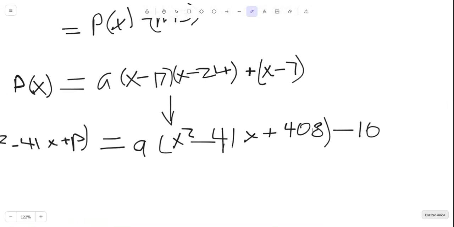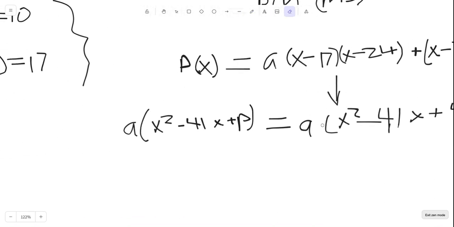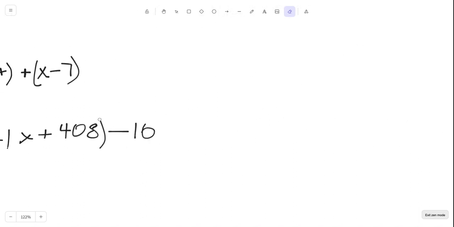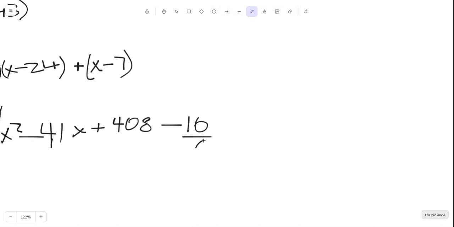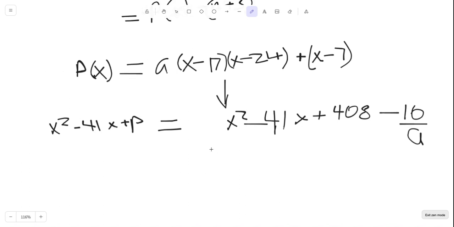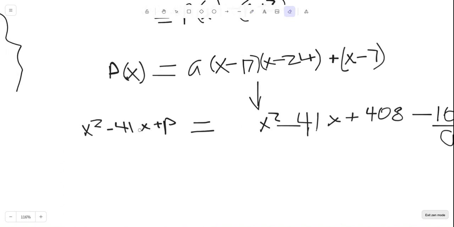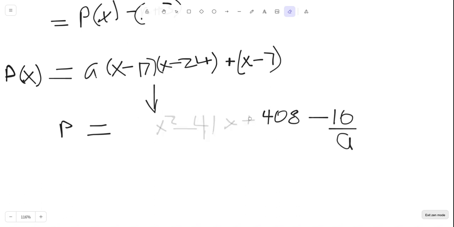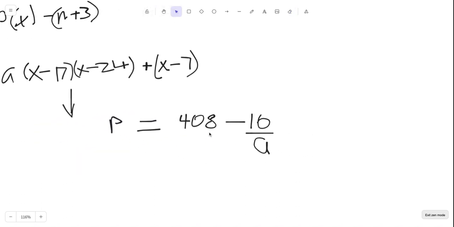So we have these two equations. I'm going to divide everything by A. What I did was equate r of x to p of x minus n plus 3. Then I'm going to cancel everything with x and get this. Now we're literally one step away from finding our product.